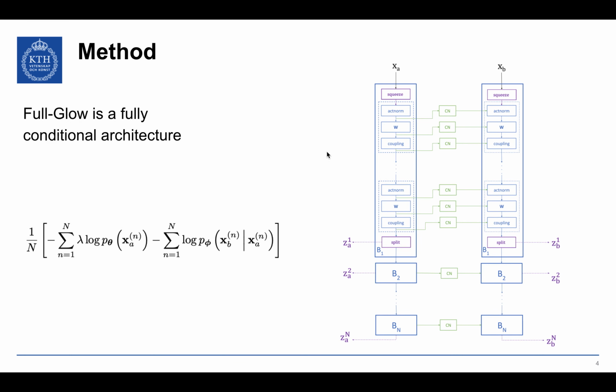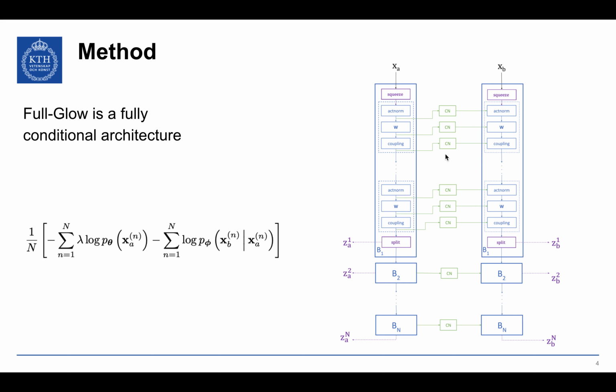So what we did was we also used two GLOW models, one operating in the source domain, the other operating in the target domain, where the target GLOW is fully conditioned on the source GLOW, meaning that all the layers of the target GLOW are made conditional on the source GLOW through the conditioning networks.